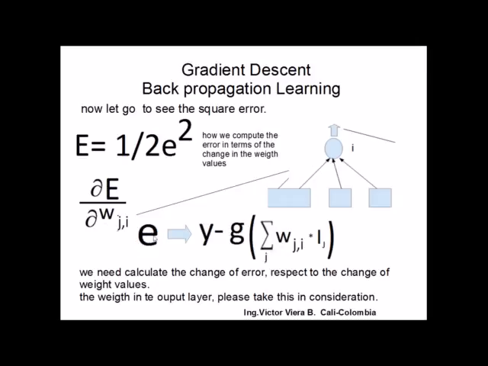We can replace the error with y minus g of sigma over w_ji times a_j. This is the correct output, and this is the computed output of the neural network.